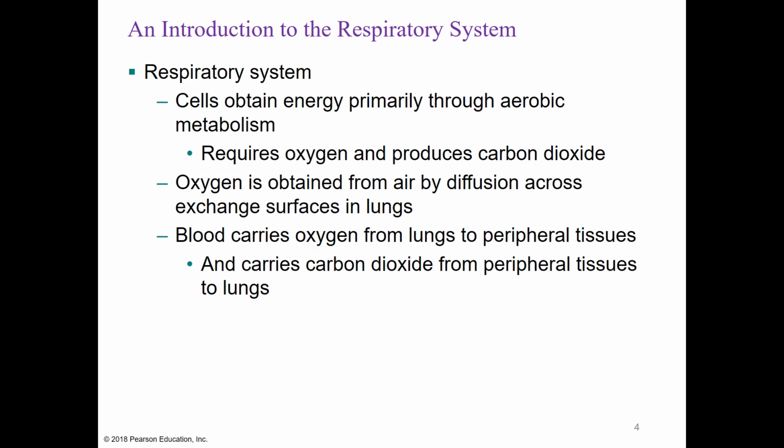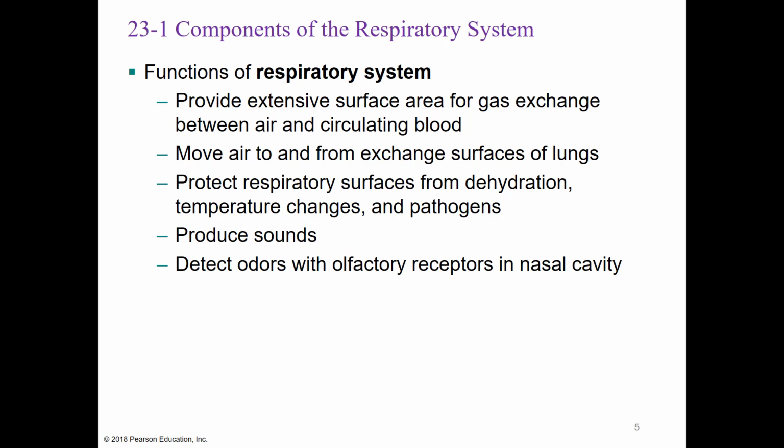Blood carries this oxygen from our lungs to our tissues, and then will carry carbon dioxide from those tissues back to the lungs so that we can exhale it out. The functions of your respiratory system are to give extensive surface area for gas exchange between the air and the circulating blood. And this again is going to be down at the alveolar level.